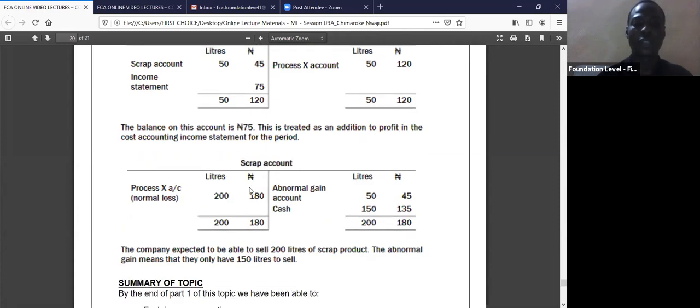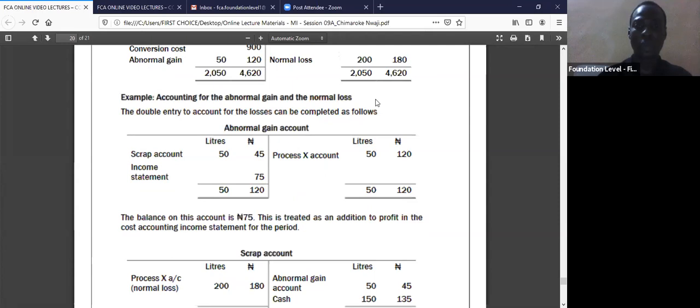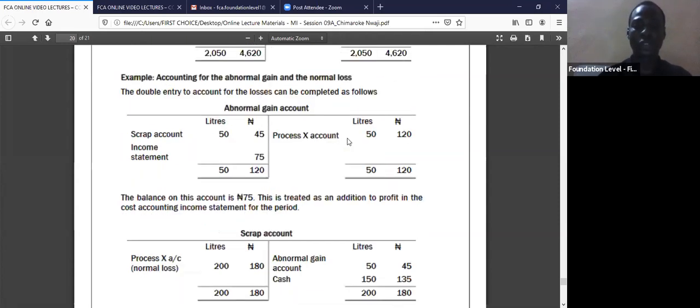So look at the scrap account here. It takes from the abnormal gain account. It is on the credit side. Then look at the process account. It's coming from here, process account, normal loss, going to the scrap account straight.